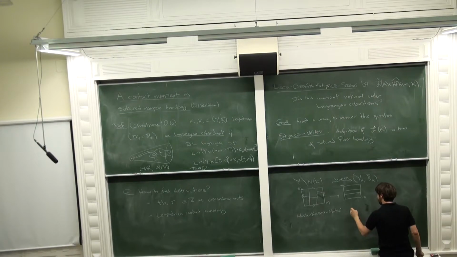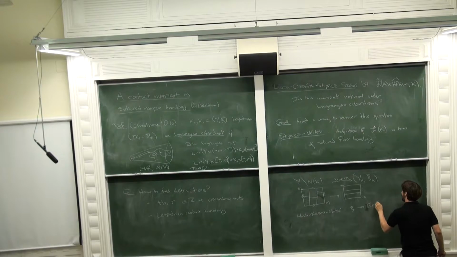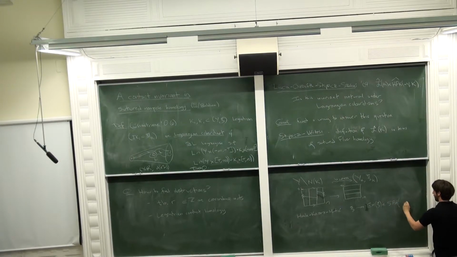So that to a contact structure in a sutured manifold, they associate a contact invariant called EH of the contact structure, in sutured monopole homology of this manifold Y_K with Γ_K being the dividing curves.